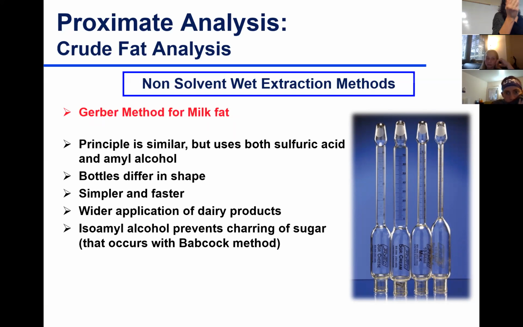It would be hard to take measurements to read the volume. So what they add here is amyl alcohol to basically reduce the charring of sugars. So you will be able to read the volume of the fat better that way. But basically it's the same principle.